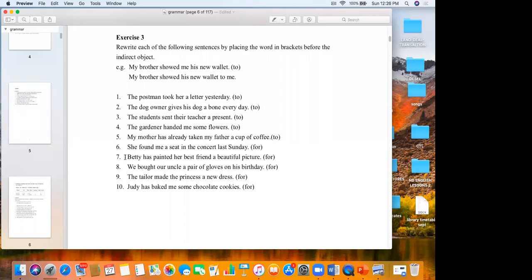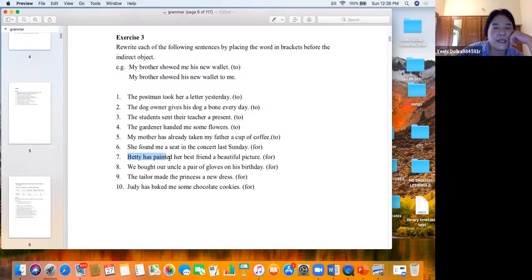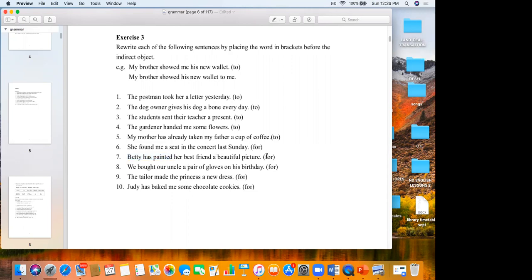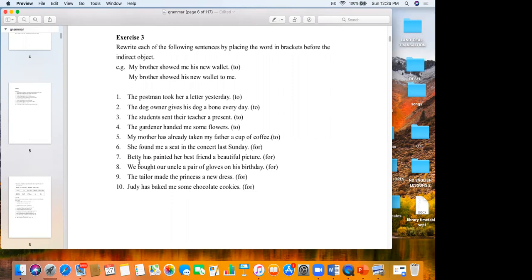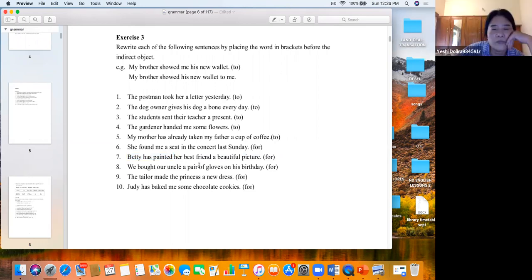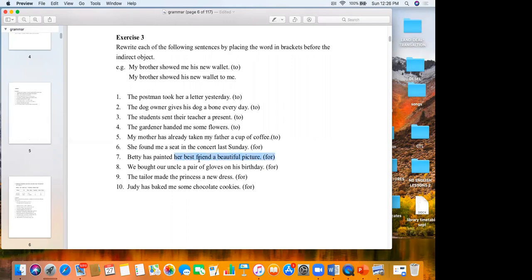Betty has painted a beautiful picture for her best friend. Okay, after this, a beautiful picture here, and then for her best friend. Indirect object.